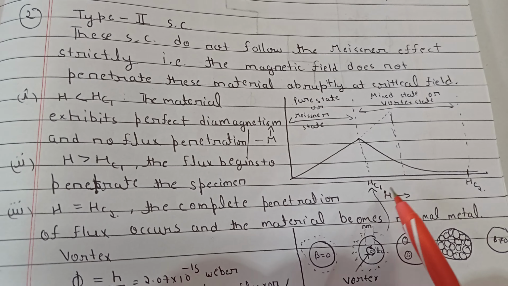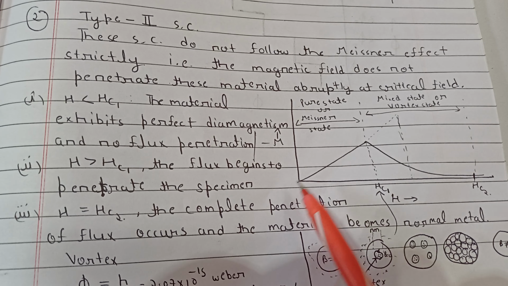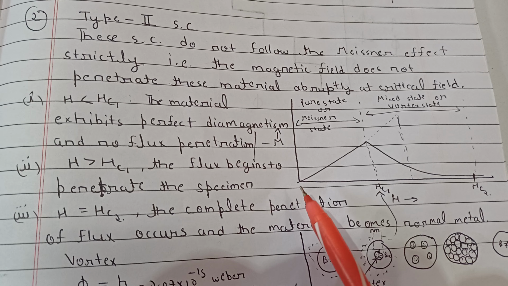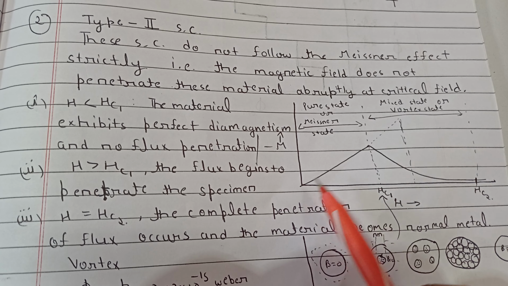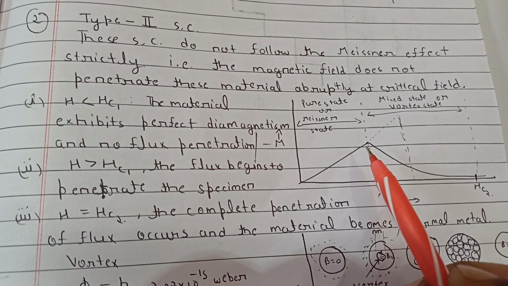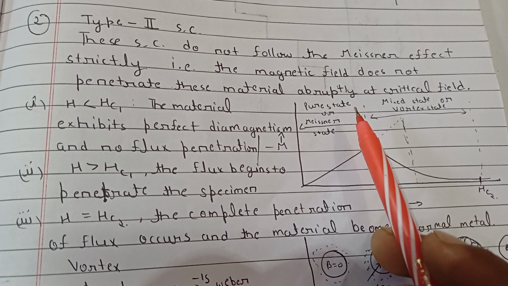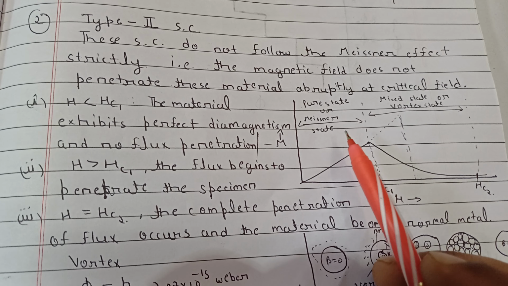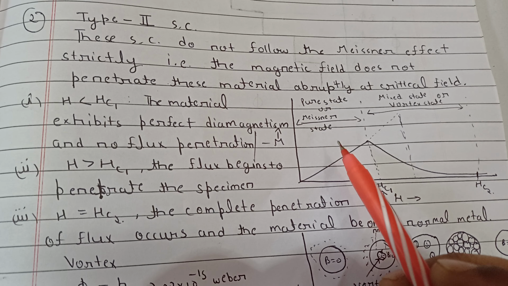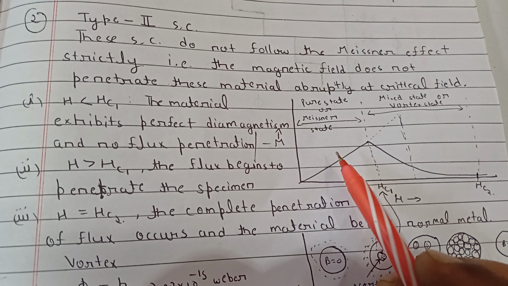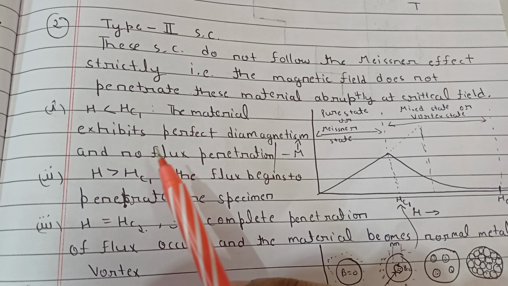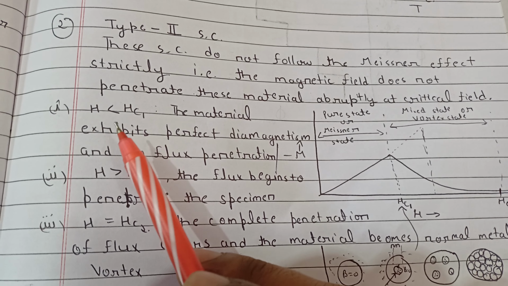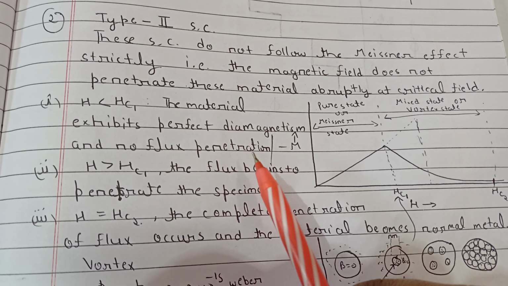Below HC1, if we plot, this is a superconductor and we are increasing H. Up to HC1 it will follow all the rules of the superconductor, and it is called the pure state, where the Meissner effect is followed. At HC1, the material exhibits perfect diamagnetism below HC1 and no flux penetration.